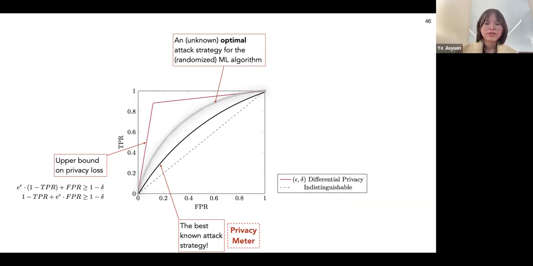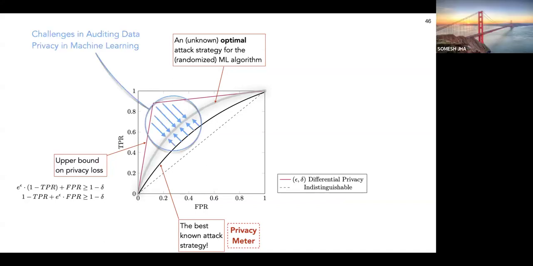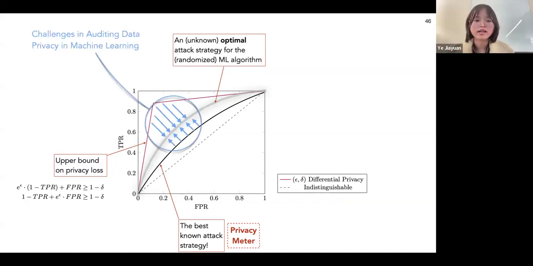And I want to mention here that there are also guarantees, which are upper bounds for the privacy loss given by, for example, epsilon-delta differential privacy, plotted as red lines in this plot. And the challenge for accurate privacy loss understanding is really to minimize the gap between these two.